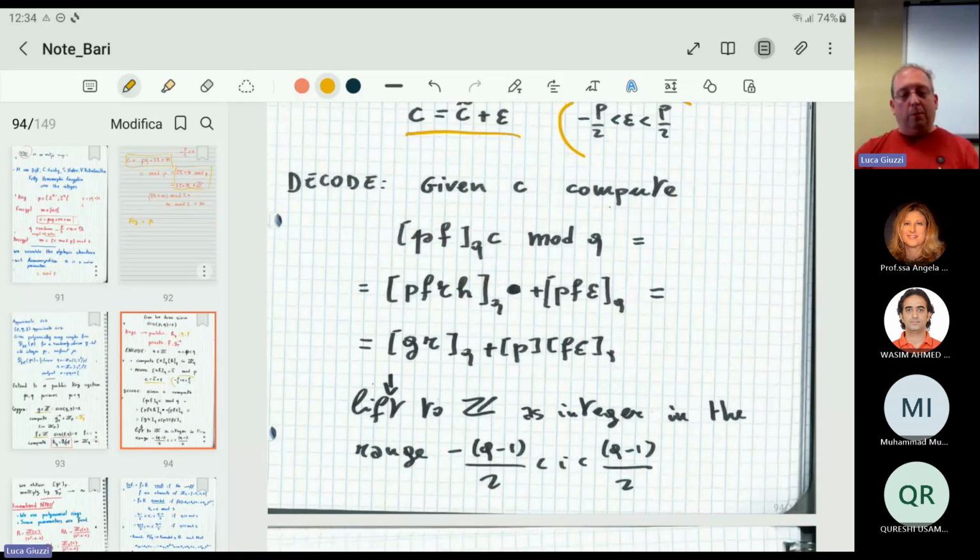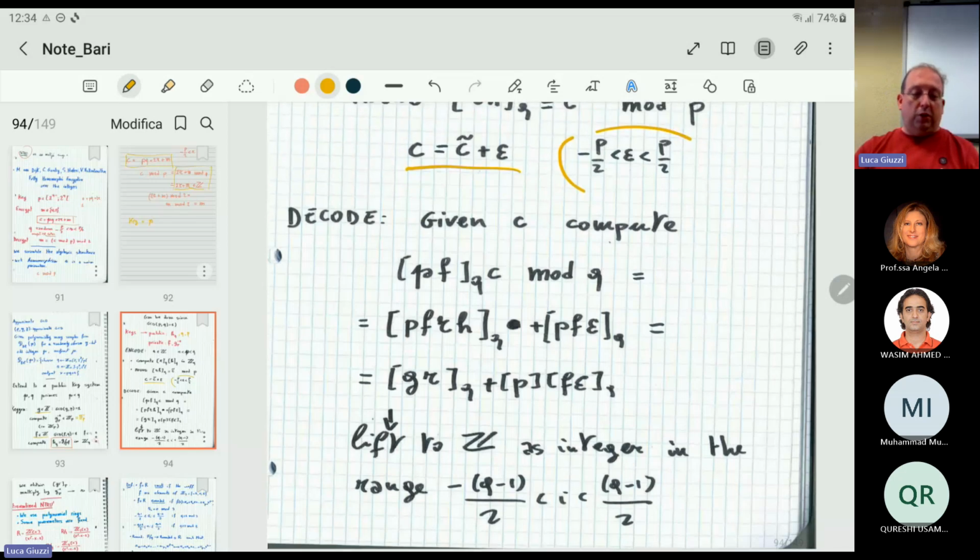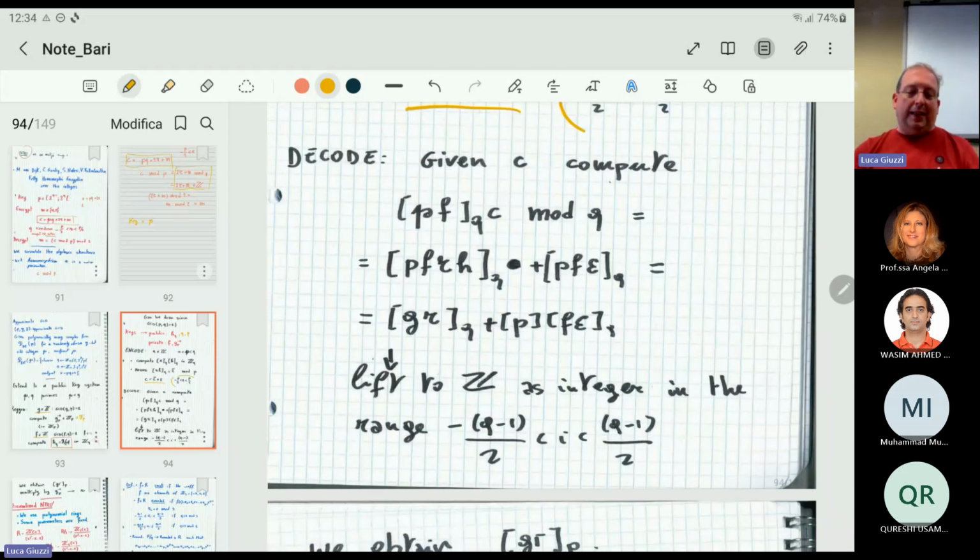What does Bob do? Bob says, okay, first of all, let's work modulus Q. And modulus Q, let's multiply C by the class of PF modulus Q. C is RH modulus Q. So here we can write this as PF times RH modulus Q, plus, this is C tilde, PF epsilon modulus Q, which is the error term.